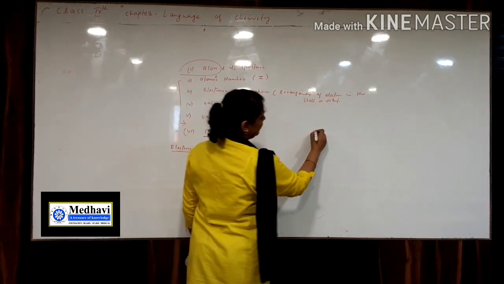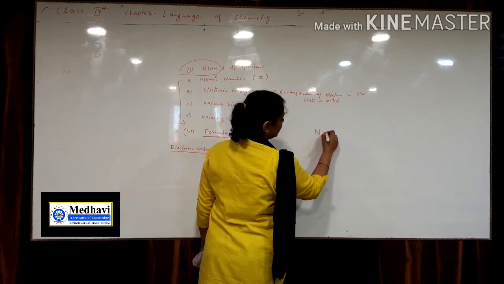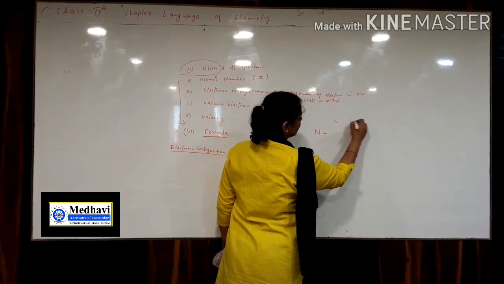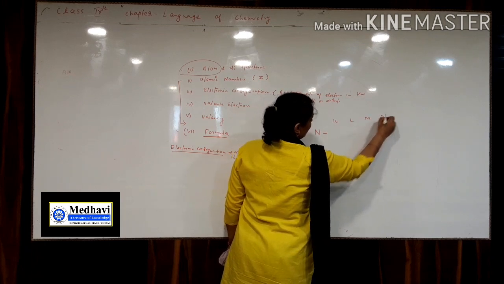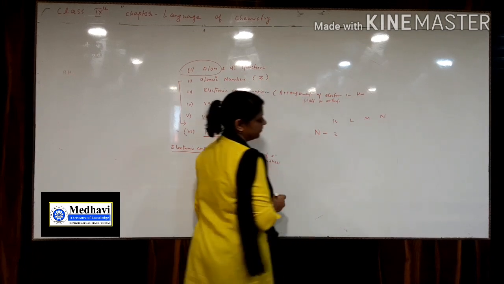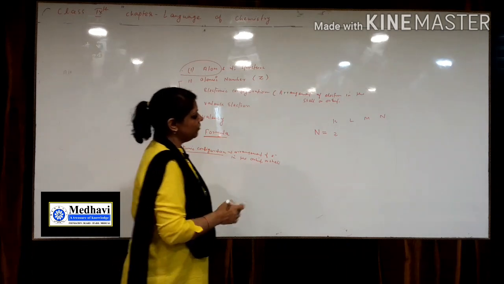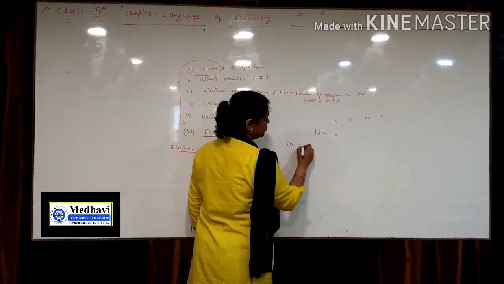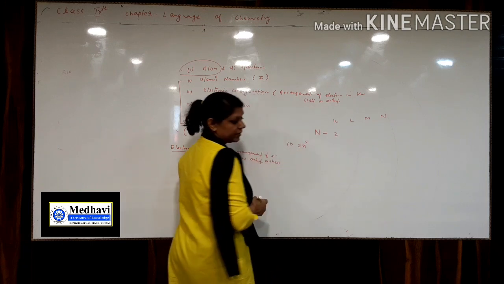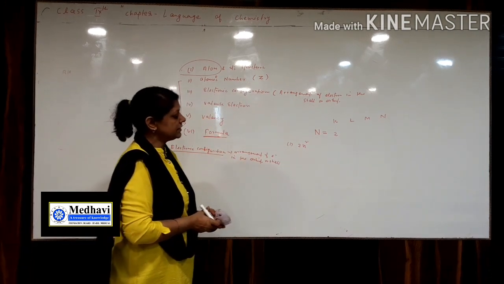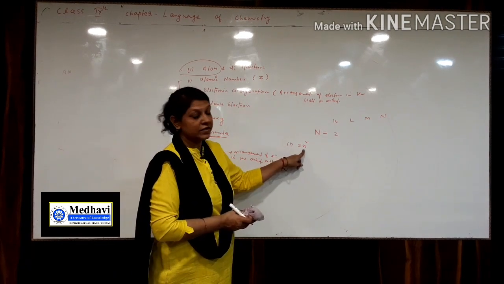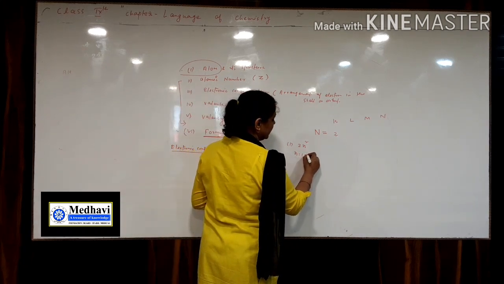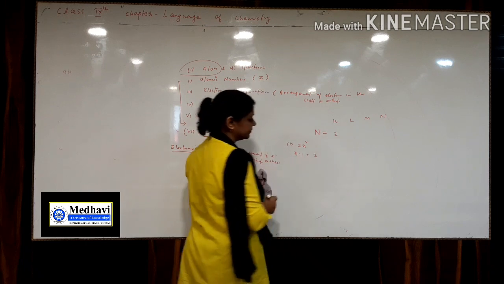For example, if you take the example of nitrogen, then in the first orbit we can put 2 electrons. There is a formula that the maximum number of electrons that can be put in an orbit is 2n square. If you have the first orbit, then you can put 2 electrons.